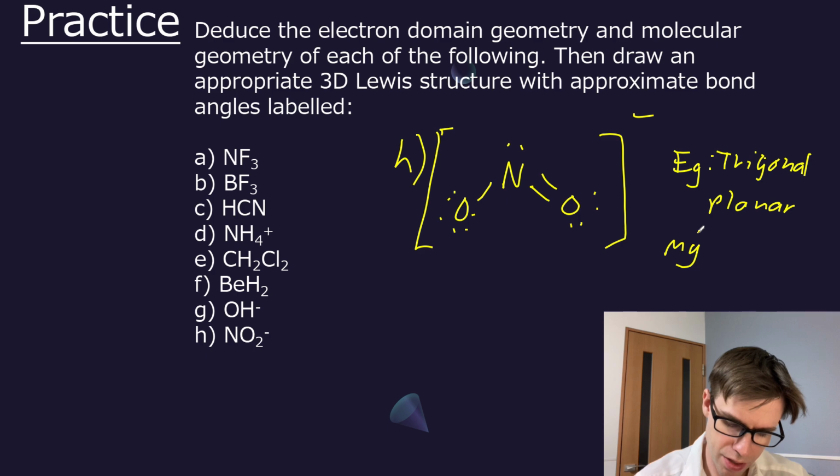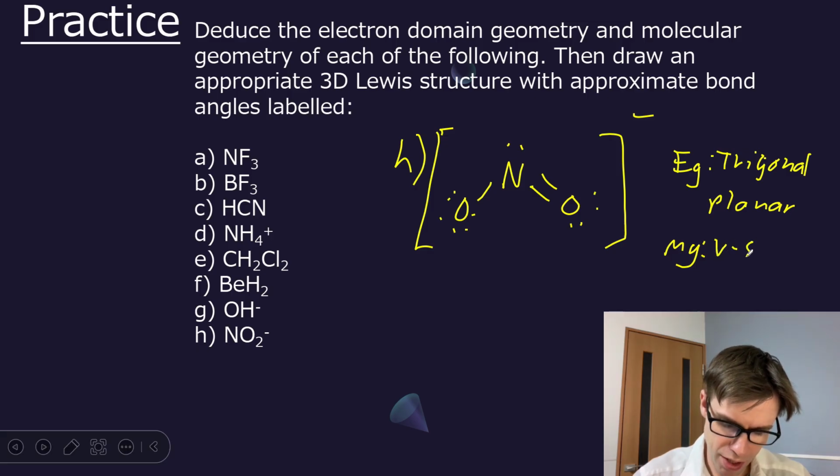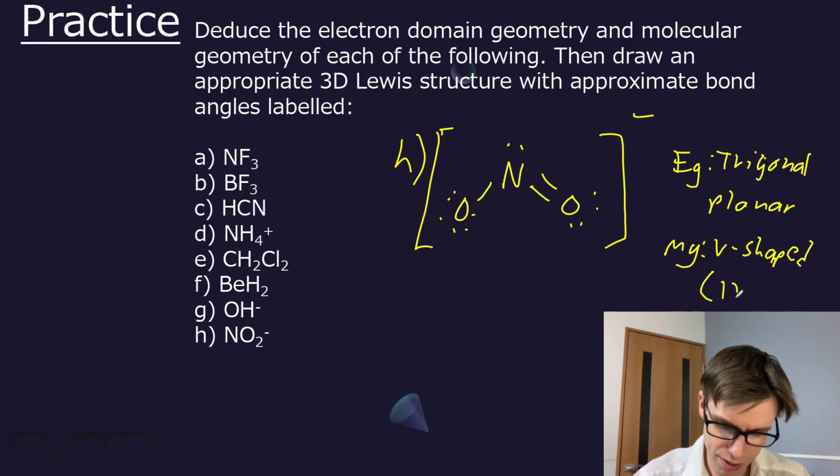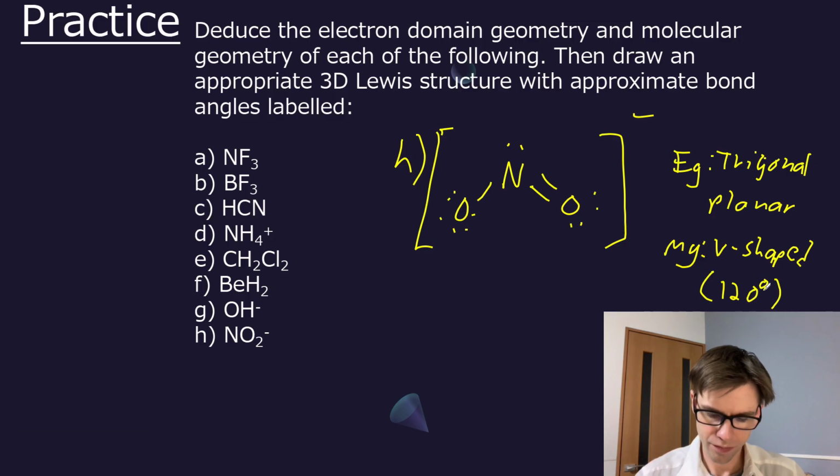Molecular geometry, we have a lone pair. This is an AB2E system. So it's not trigonal planar, but this will be V-shaped or bent, 120 degrees version. Okay, it's 120 degree version, but this lone pair will push the other bonds further away from it.